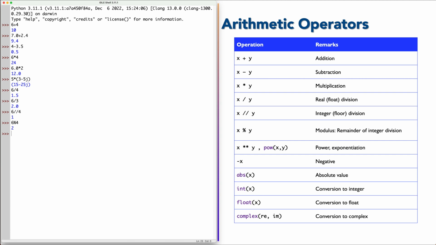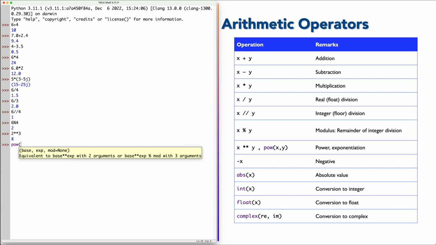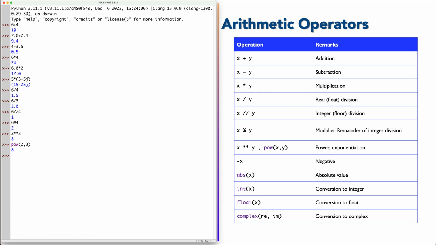Also, we have the power or exponentiation. We have an operator, which is the two consecutive asterisks. So we can say, for example, 2 to the power 3, or we can use the generic Python function pow(2, 3) and get the same result. We notice here also the power has the same behavior.